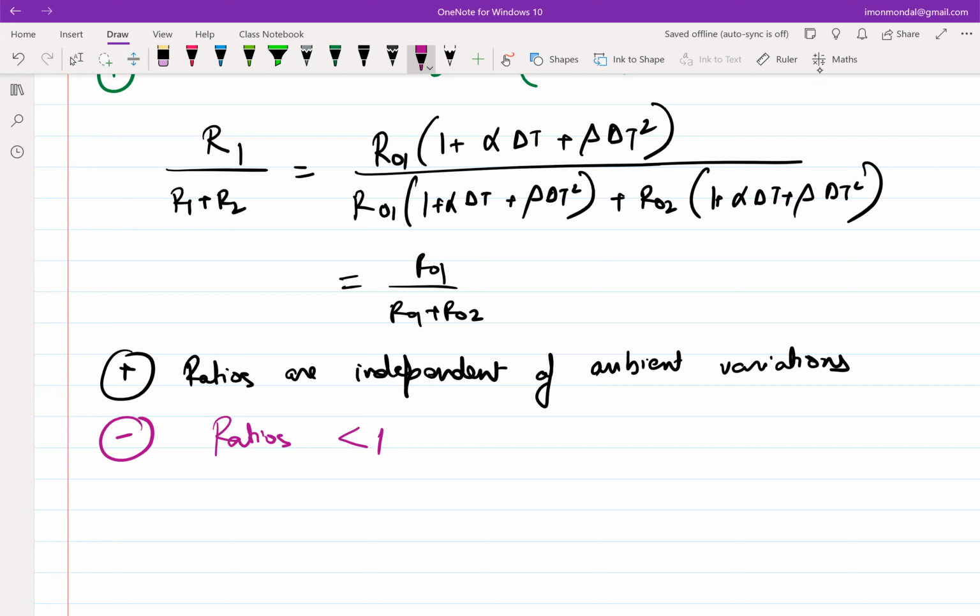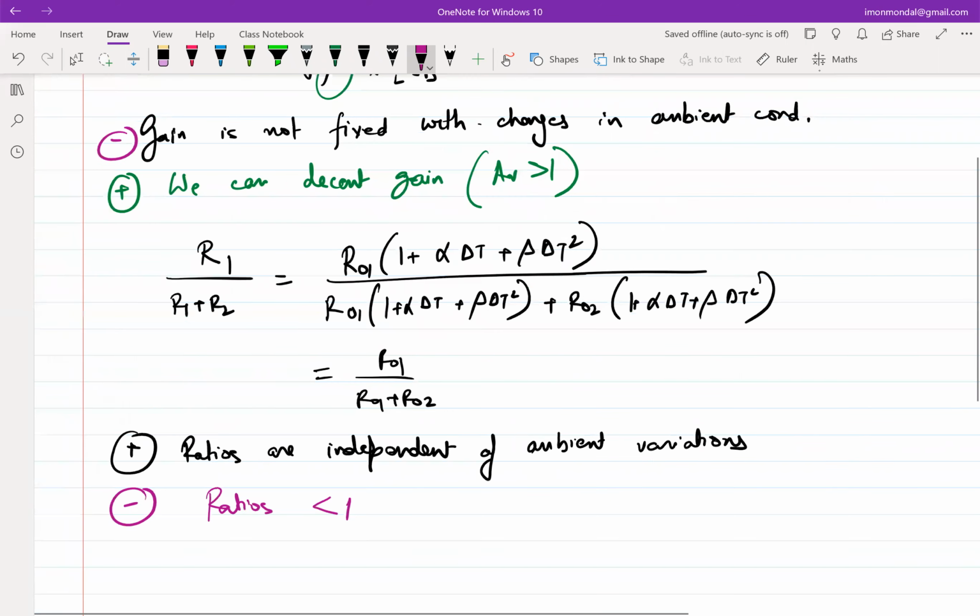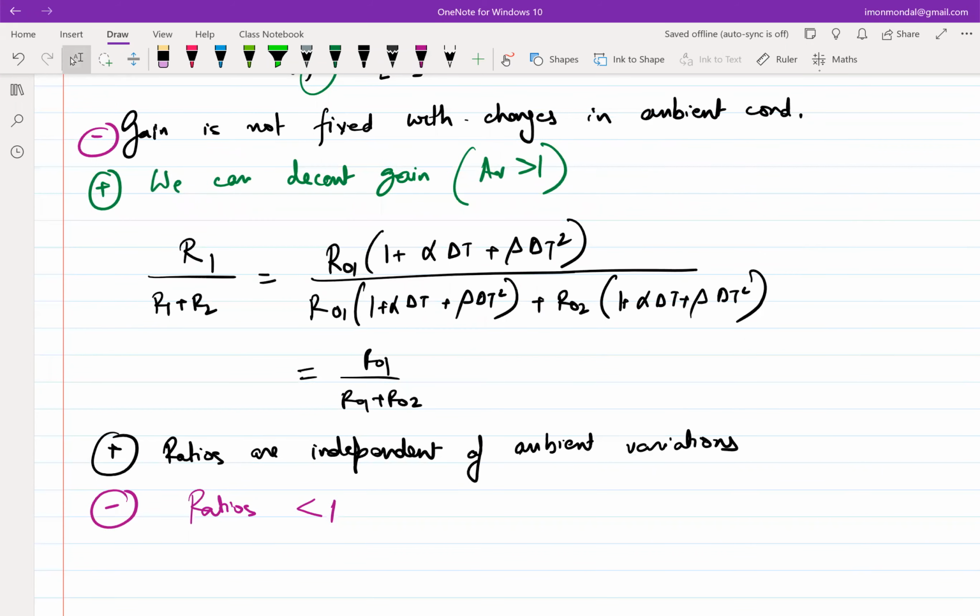You'll never get more than 1. So to summarize, amplifiers need gain of more than 1, but the common source amplifier or any amplifier that we have seen is not in the form of ratios. Since the expressions are not in the form of ratios, they will be dependent on ambient variation. Now, ratios are independent of ambient variations, but if you make R1 by R2, or R1 by R1 plus R2 in terms of a voltage divider, or something made out of GM, you will always get less than 1.